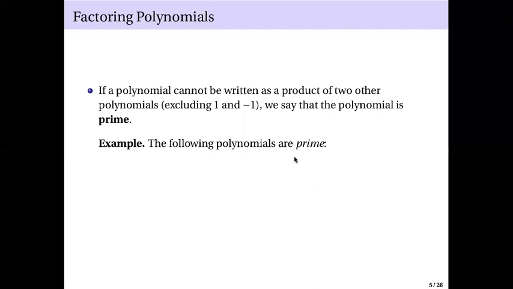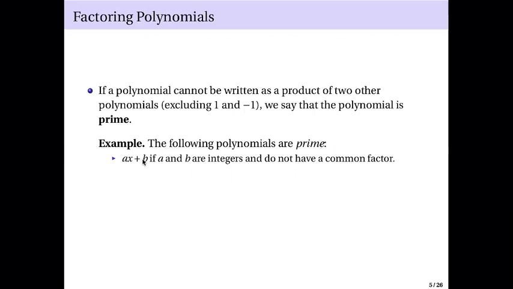So for example, these polynomials here are prime. If you have ax plus b, where a and b are integers, of course, and they do not have a common factor, then ax plus b will be prime.